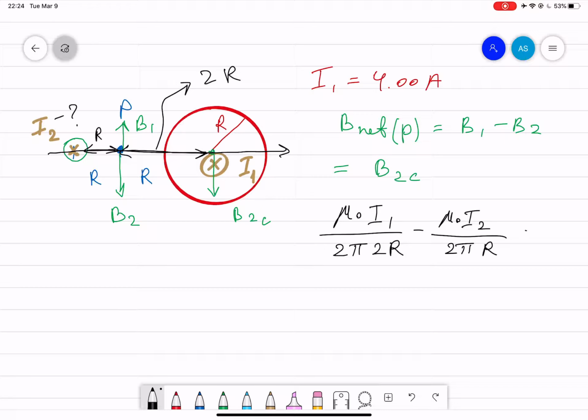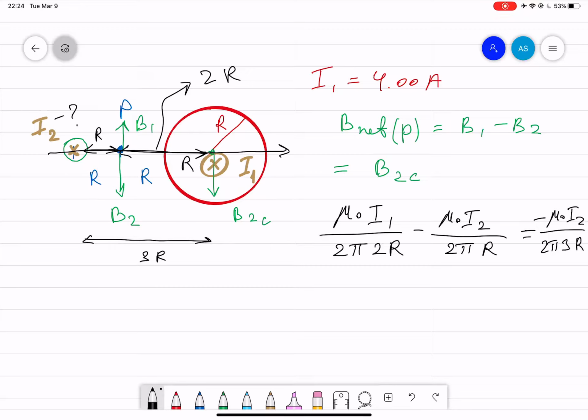That is equal to the magnetic field at the center of the rod, which is pointing downwards, so negative mu naught I2 divided by the distance, which is r, 2r, and 3r. So it will be 2 pi 3r.